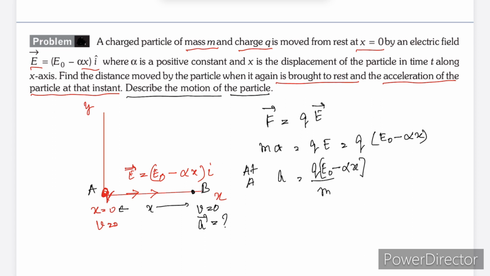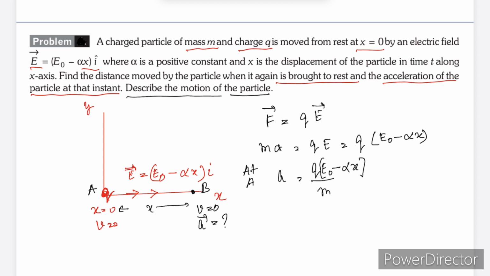Now we have to find the acceleration at point B, but before that we have to convert it into a velocity function because a is a function of x.